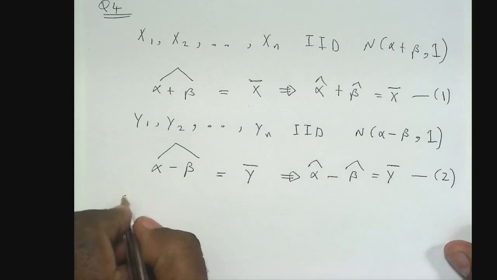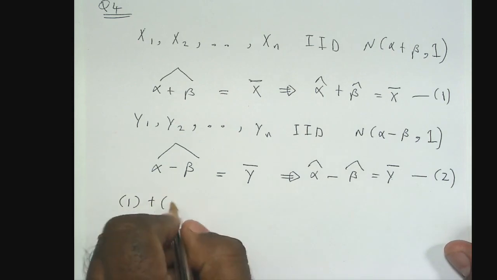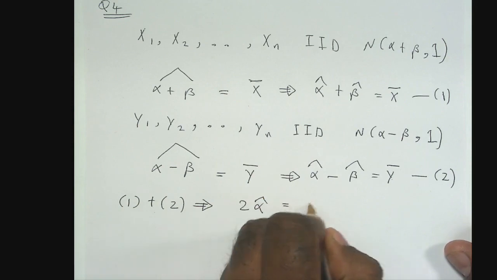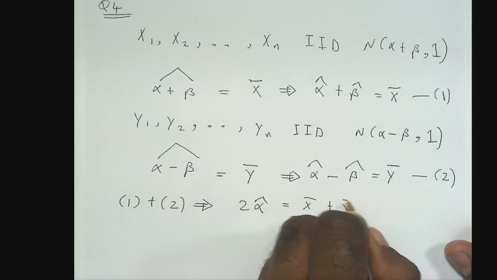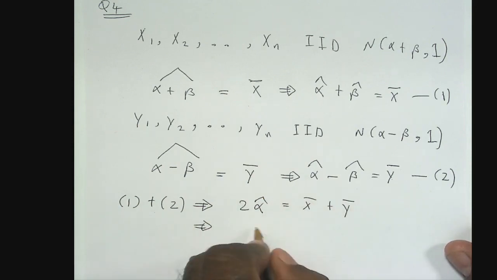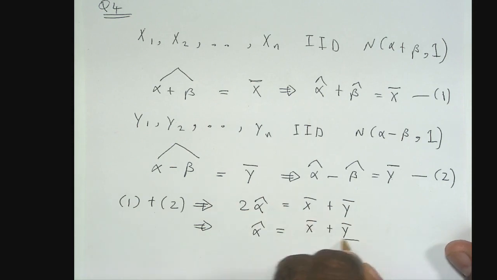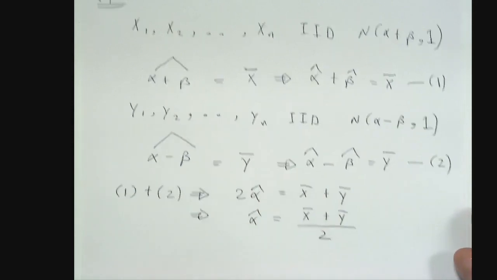The unknowns are alpha hat and beta hat. If you add equation 1 and equation 2, you get 2 alpha hat equal to x bar plus y bar, which implies that alpha hat is equal to this.